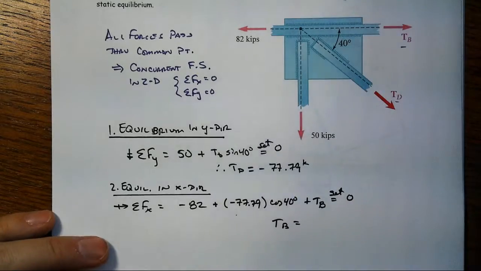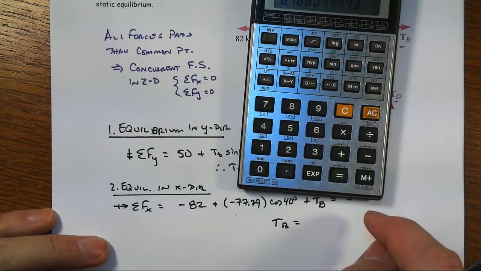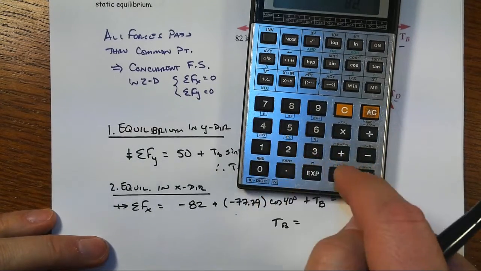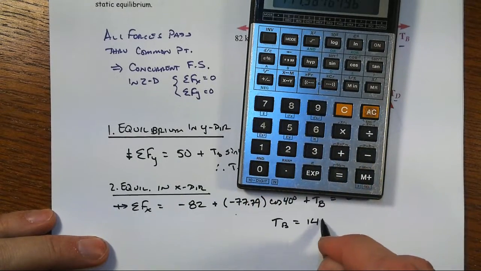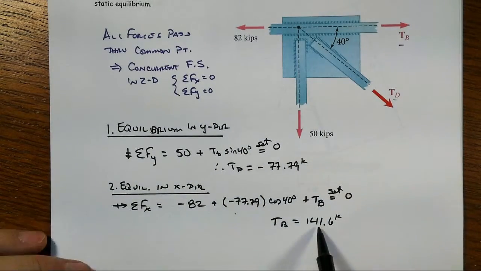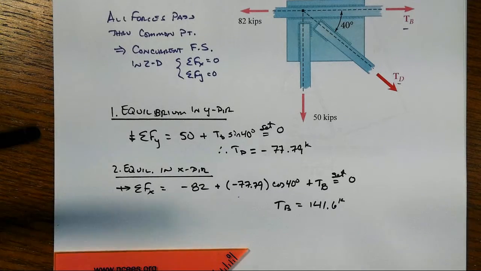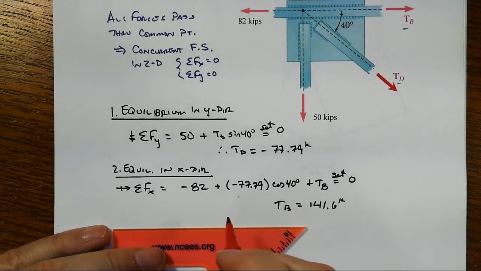They become a positive, so we'll have that times cosine 40 plus 82, and we get 141.6 kips.